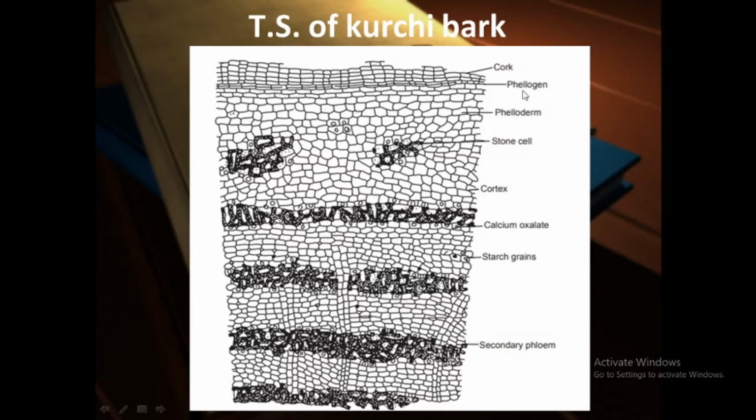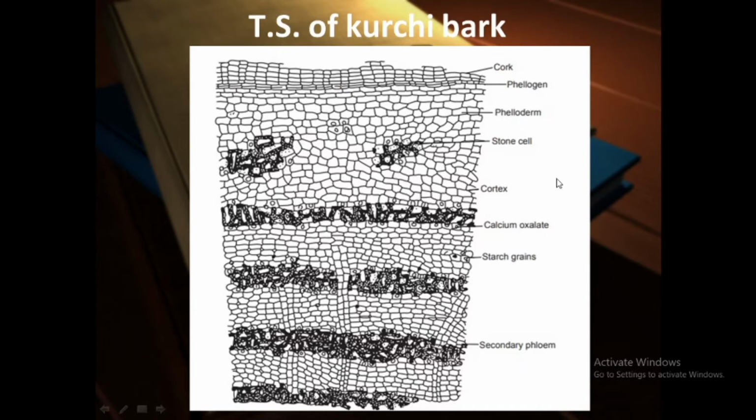Next, the phellogen is 2 layers of colorless elongated cells. Phelloderm is 6 to 10 rows of rectangular cells, containing rhombic or diamond shaped calcium oxalate crystals as well as starch grains.